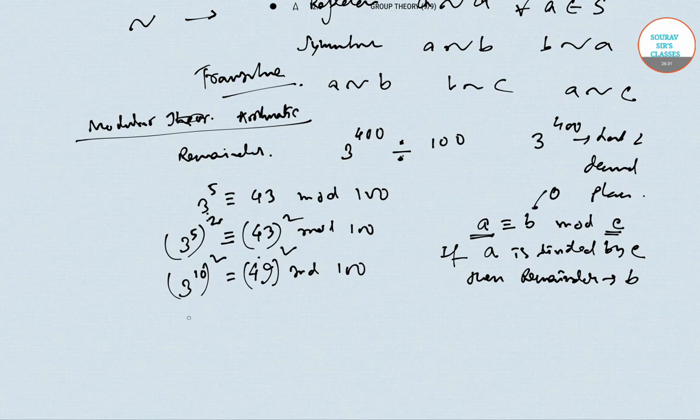So 3 to the power 10 squared, that is 3 to the power 20, leaves 01 modulo 100.